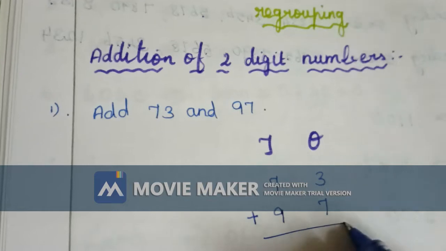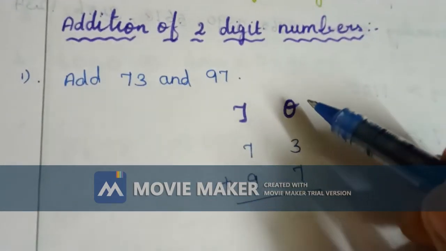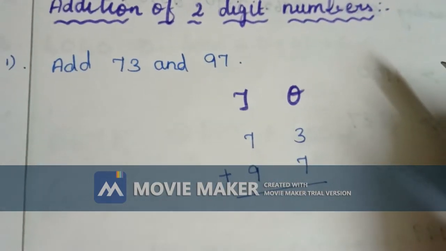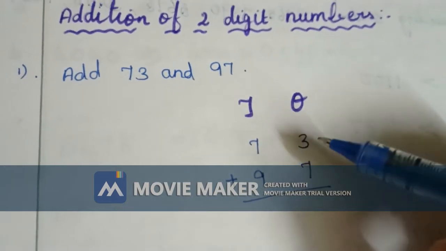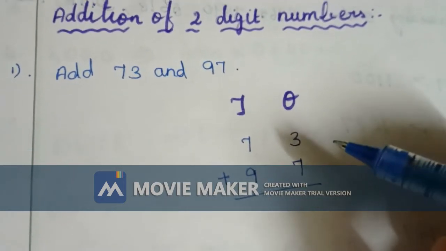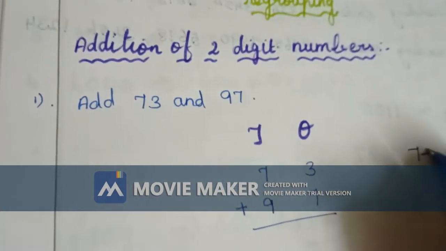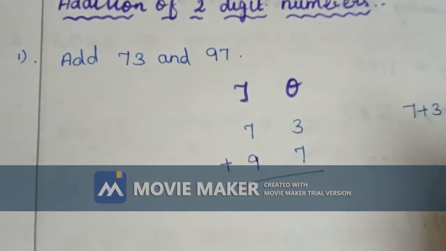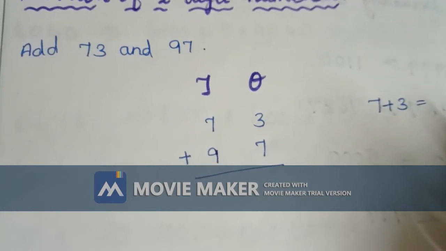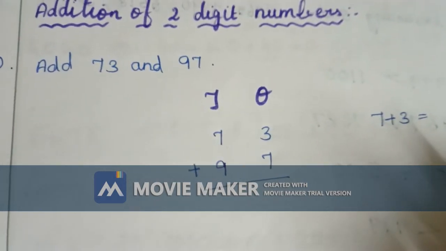Now children, you have to add the values in the ones place. That is 7 plus 3. So what do you want to do first? Yes, keep the bigger number in mind.